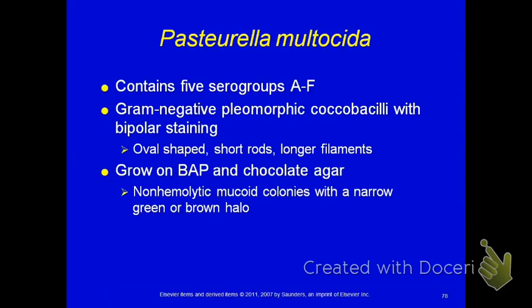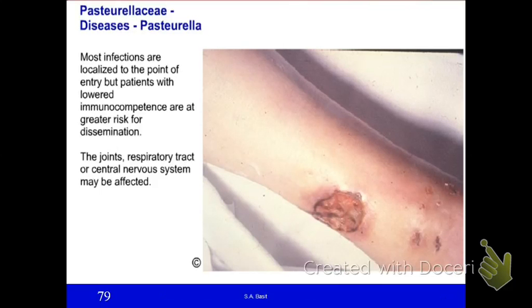So, the organisms could grow on blood agar plate and chocolate agar. They are non-hemolytic mucoid colonies with a narrow green or brown halo formation. Most infections are localized to the point of entry, particularly where animal bites have taken place, where you have been bitten by an animal.